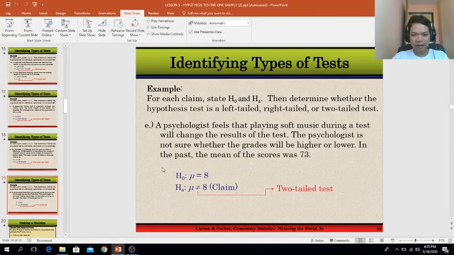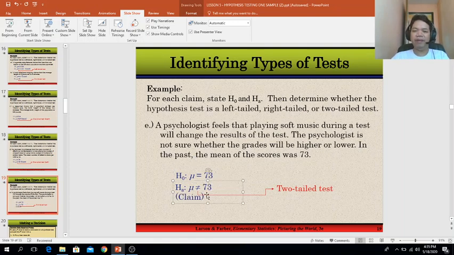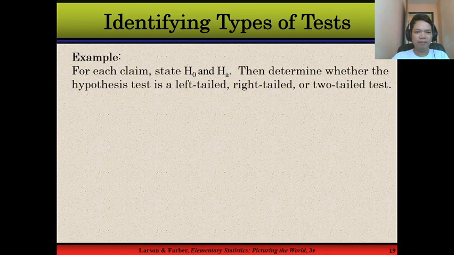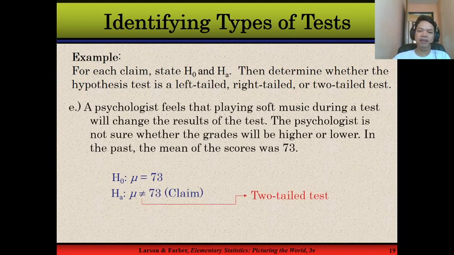Okay, edit na natin, so this should be 73. Dahil ang claim niya hindi na alam kung yung effect, it may be higher or lower, kaya yung alternative hypothesis mo is not equal to. So, ibig sabihin niyan, it may be higher or lower than 73. So, this is a two-tailed test.